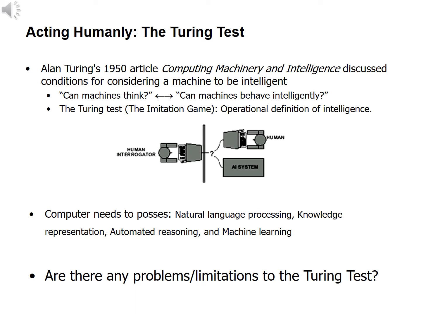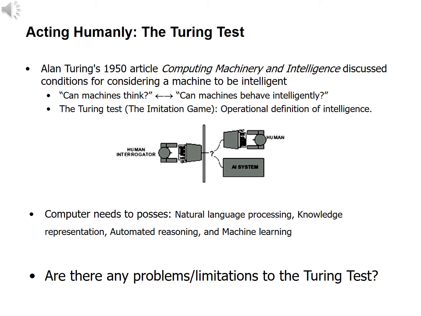Regarding the capacities that this test would request of an AI system, we can mention some of them, among others, and these are natural language processing, which is necessary to communicate successfully in the language of the interview. It might be English or French, whatever language.